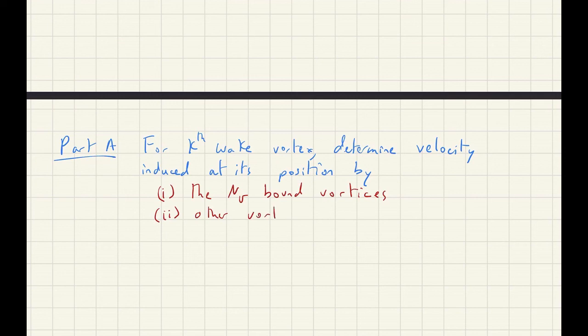So other vortices in the wake will affect the vortex in the wake in question.